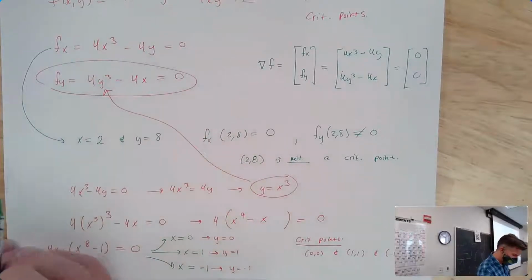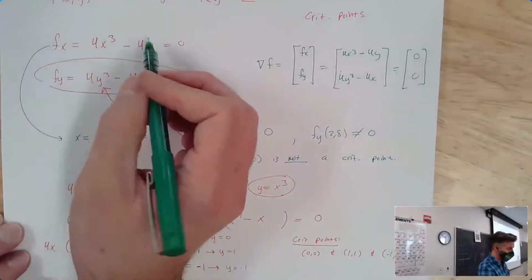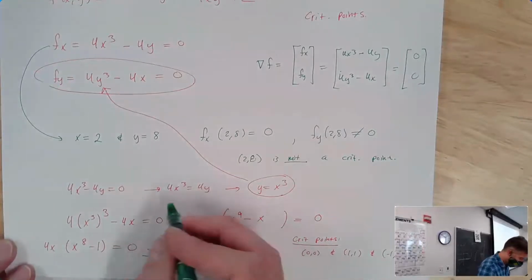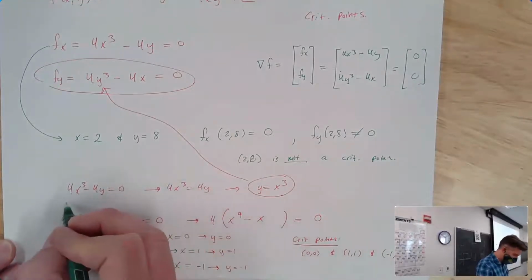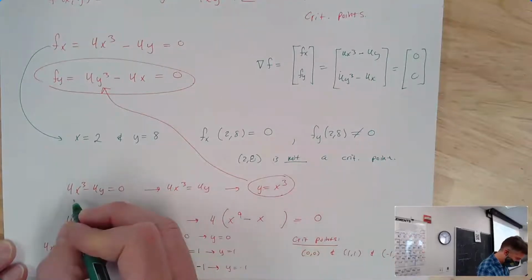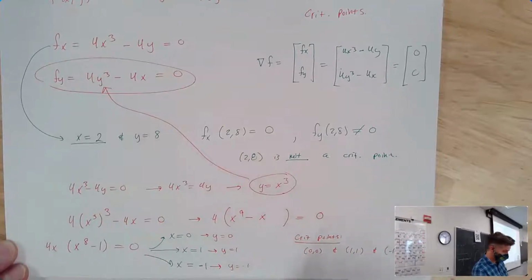And maybe I've got those slight. Oh no, I'm sorry. We used this one. I apologize. And we're plugging back into this. We used this one, so it's actually less nice, but it is still true that if x were to be 2, like we said, y would have to be 8.